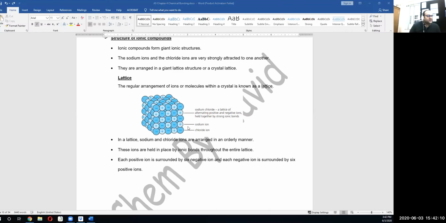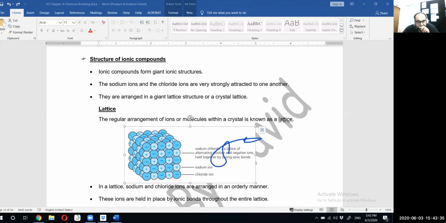So here we can see that, if we take this positive ion, there is a negative one above, one below, one here, one here, one inside, one outside.